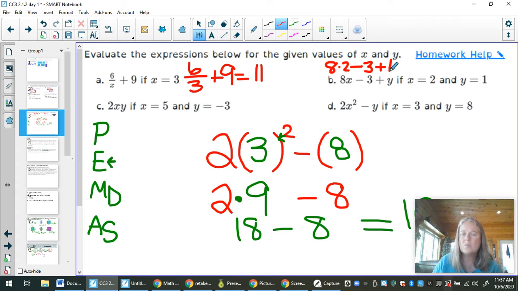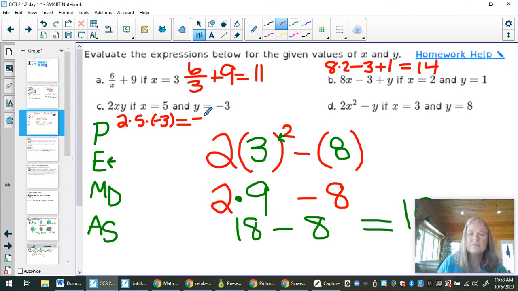Plus y is 1, so we get 14. And letter C, 2 times 5 times negative 3. 2 times 5 is 10, times negative 3 is negative 30.